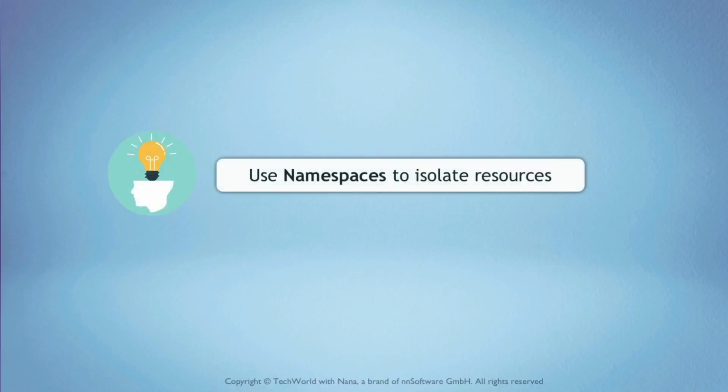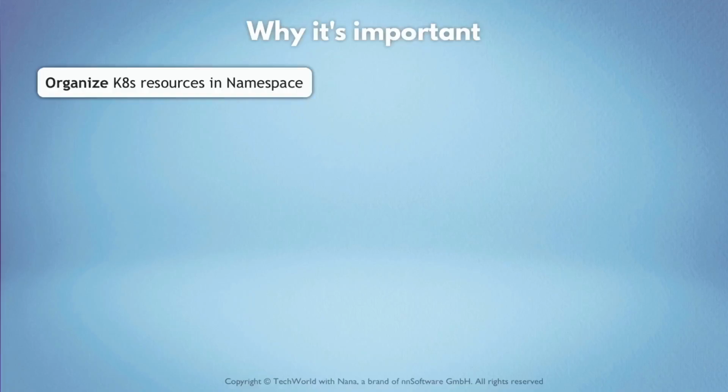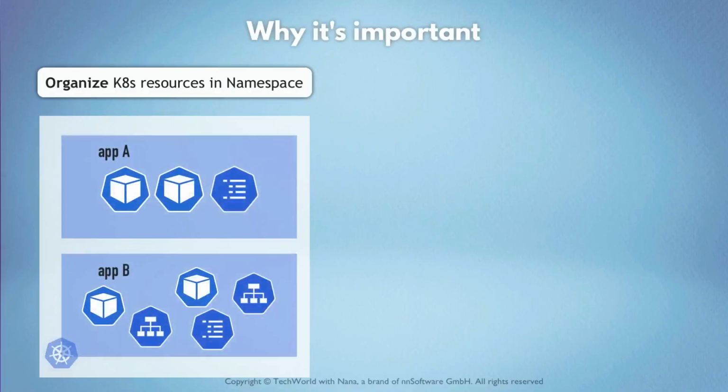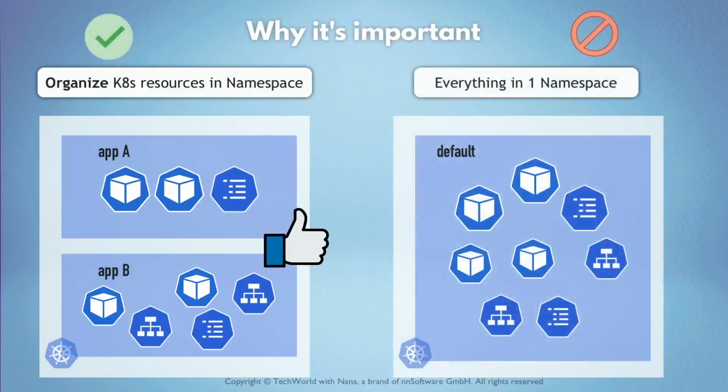Another best practice in Kubernetes is using namespaces to isolate your Kubernetes resources from each other. You already learned about namespaces and you know that logically grouping applications and other components into namespaces makes managing your cluster way easier compared to just throwing all the pods and services and all the components they need in one namespace.